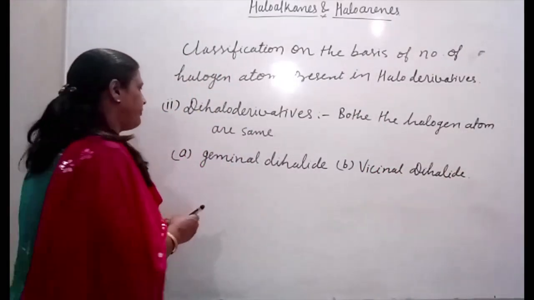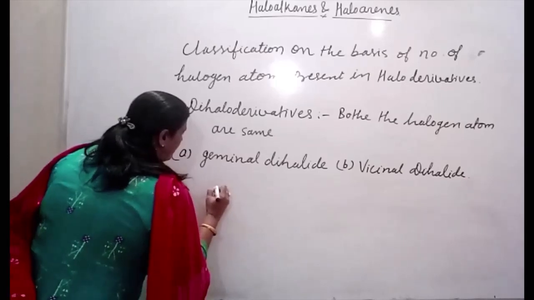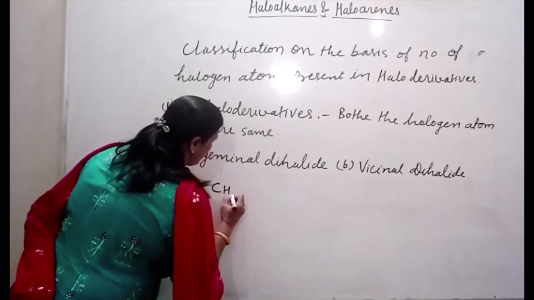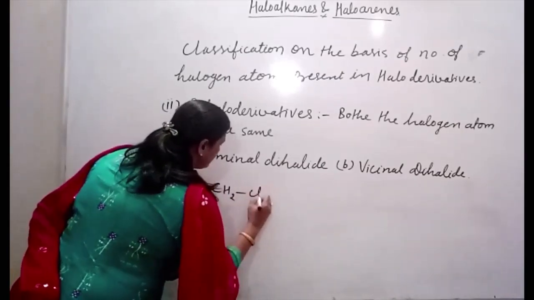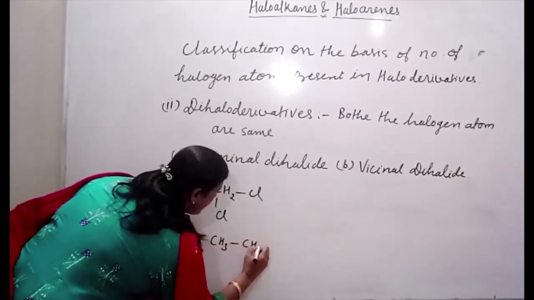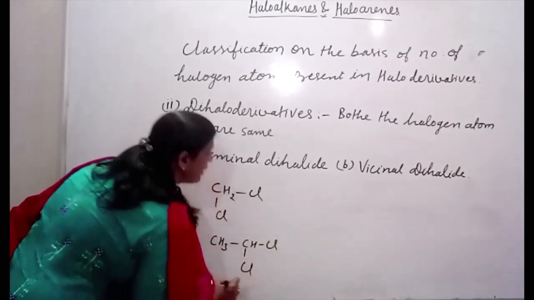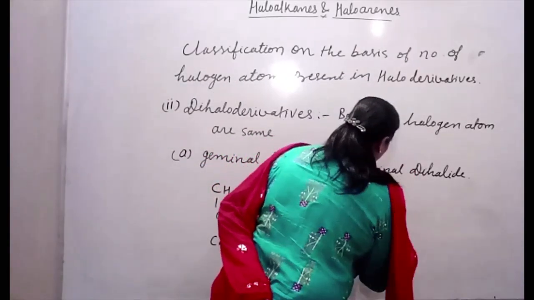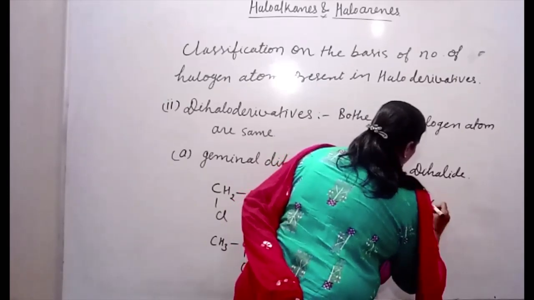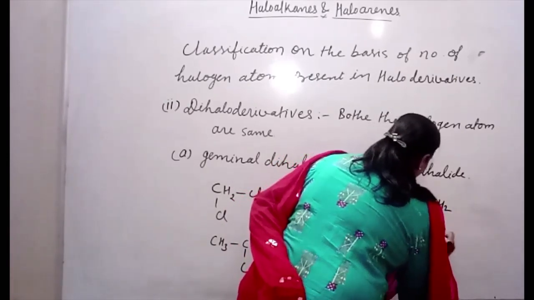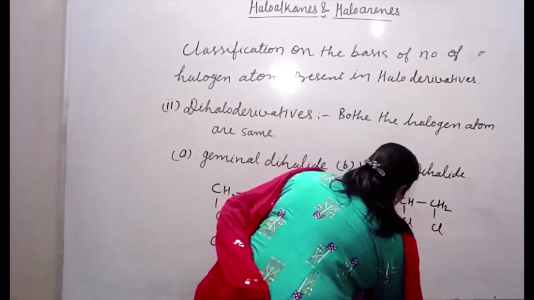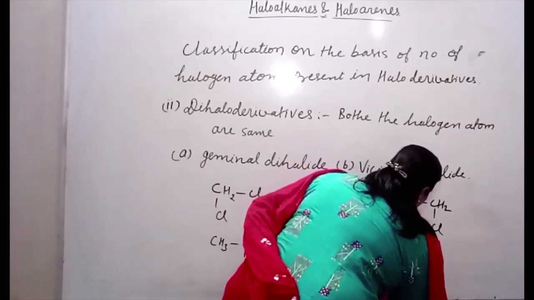Geminal dihalide. I am writing here first of all examples of geminal dihalide and vicinal dihalide, which are CH2Cl2, CH3CHCl2, and CH3CHClCH2Cl, CH2ClCH2Cl.